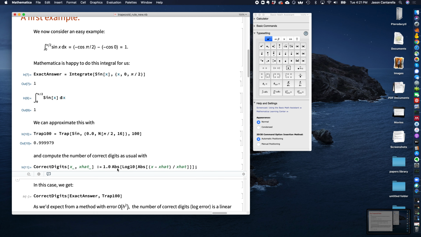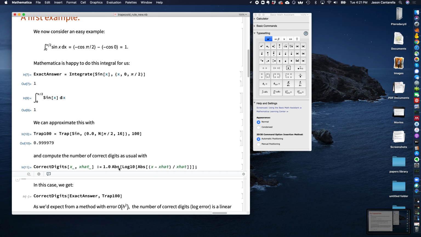So it is the approximate value minus the true value, divided by the true value: the relative error, absolute value, log 10, and then absolute value, because of course this is the actual relative error. If we have 8 correct digits, the relative error will be 10 to the minus 8, so the log 10 result will be minus 8.